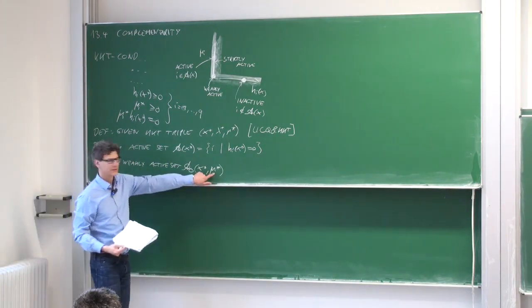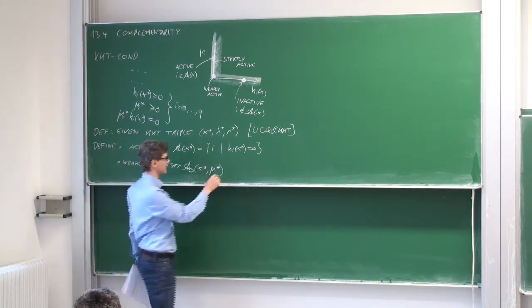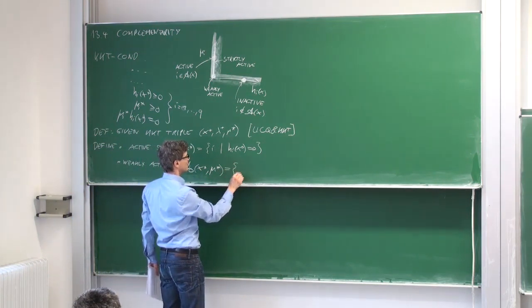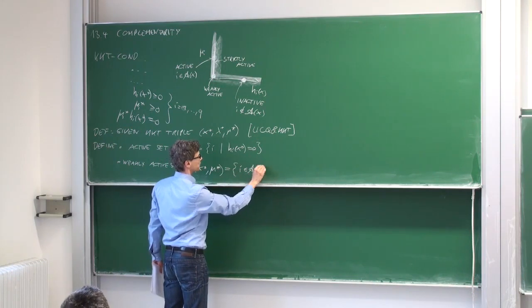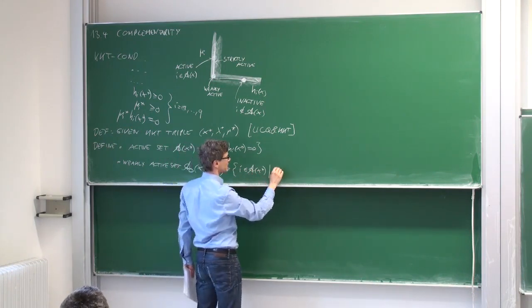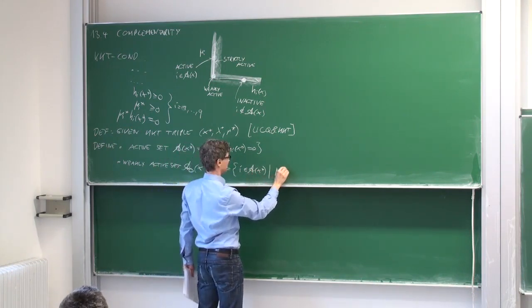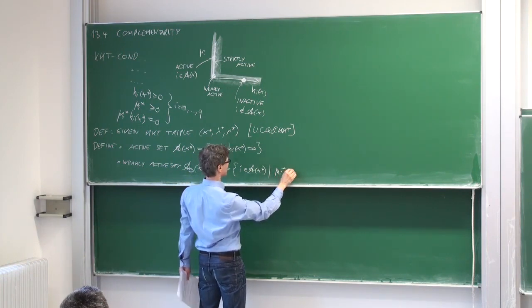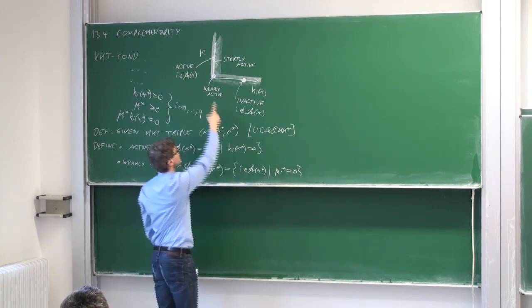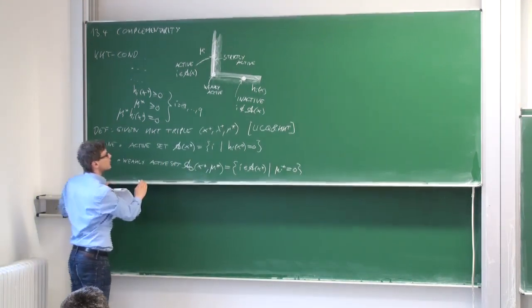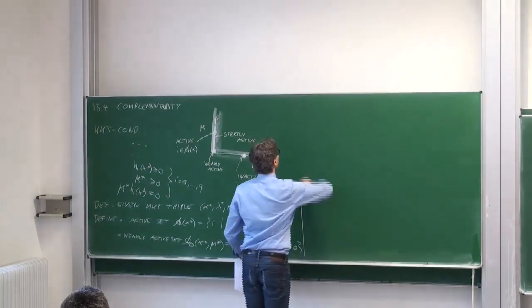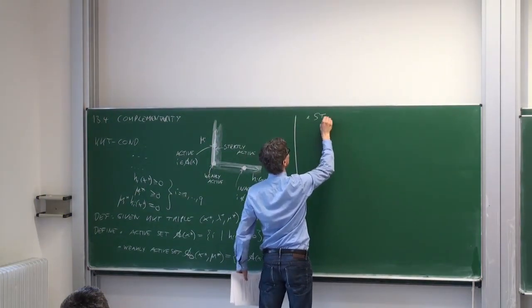It basically depends also on the mu's, actually the inequality multipliers. And it's all the i's which are in the active set, which also satisfy that mu_i is equal to 0. So these are those indices. And then we can also define, on the other hand, the strictly active set.